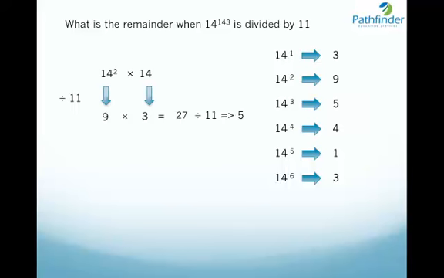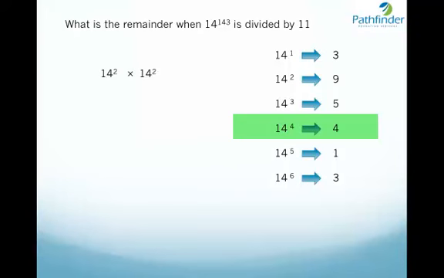The next stage is to find the remainder when 14 to the power of 4 is divided by 11. 14 to the power of 4 can be broken as 14 cube into 14 or 14 square into 14 square, as we have done here. So 14 square, what is the remainder when 14 square is divided by 11? We have already found the remainder as 9.